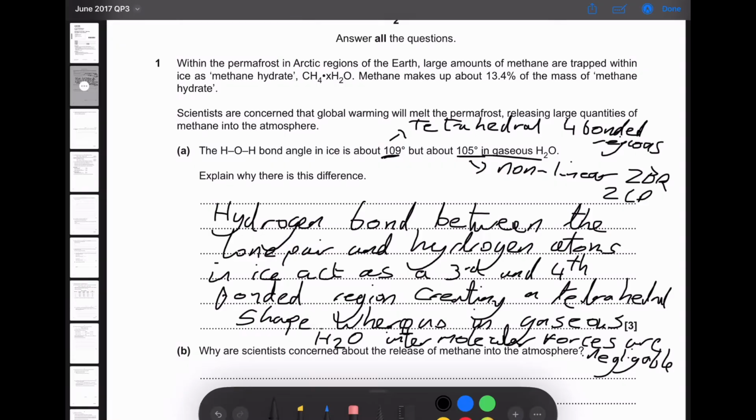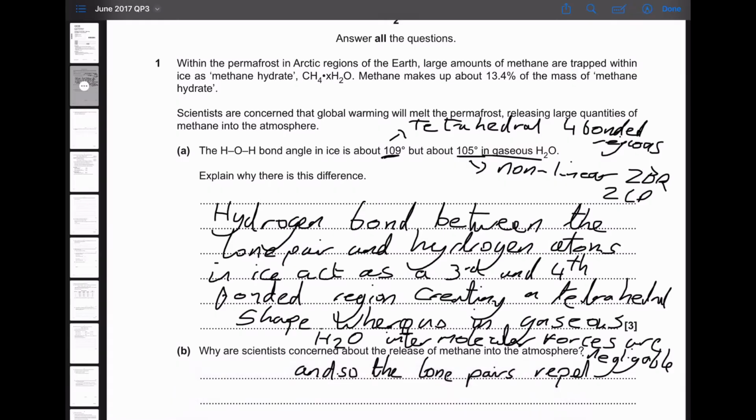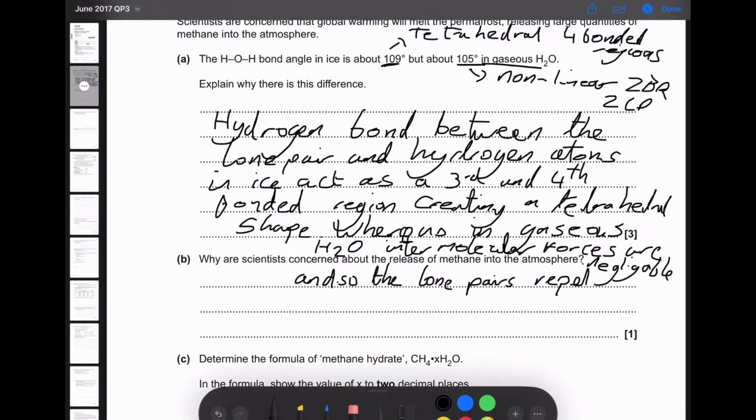Are negligible, and so the lone pairs repel the bonding electrons. I've got to move this down. Repel the bonding electrons more to create a smaller angle.